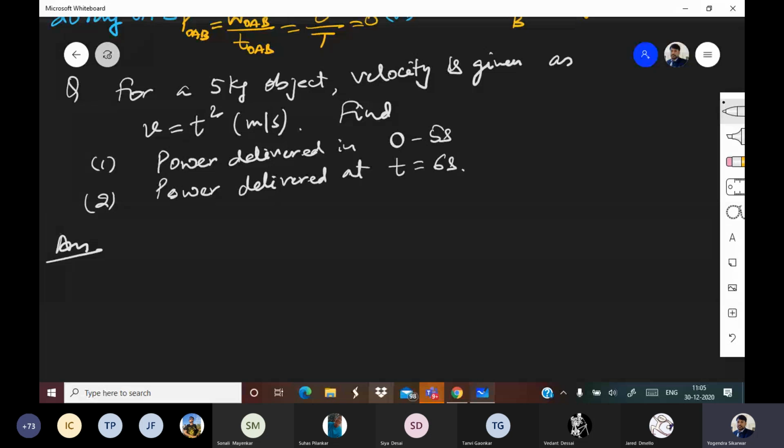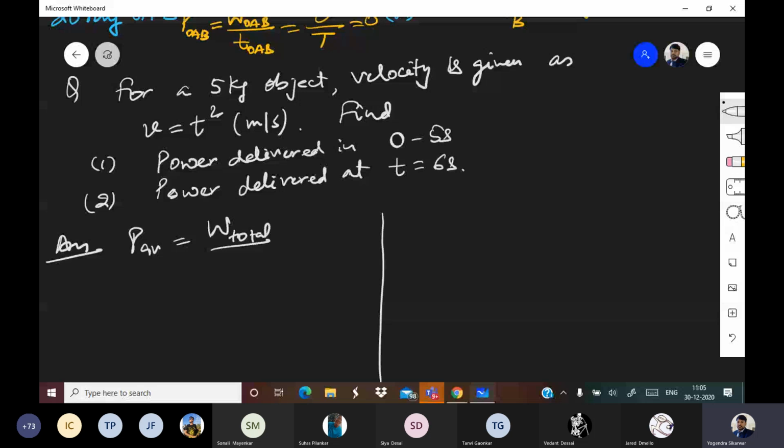Pay attention everyone. We have an object of mass 5 kg and velocity is t square. So we remember two things. P average is equal to W total upon T total, right?